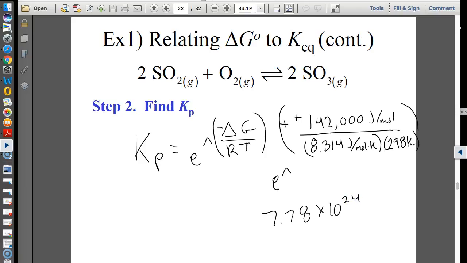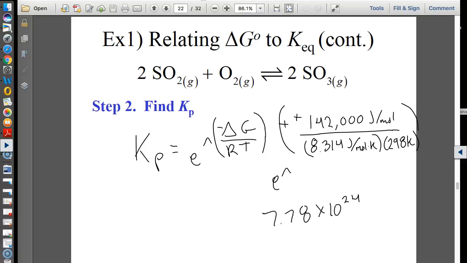Well, whatever. Close enough. So did you get something that looks like this? Did everybody successfully push the buttons in your calculator right? No. Who said no? All right, follow along with me. Don't try to do E first. You get that answer and then you use E. So go 142,000 divided by parentheses 8.314 times 298.